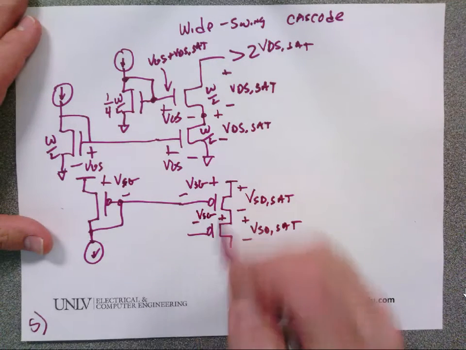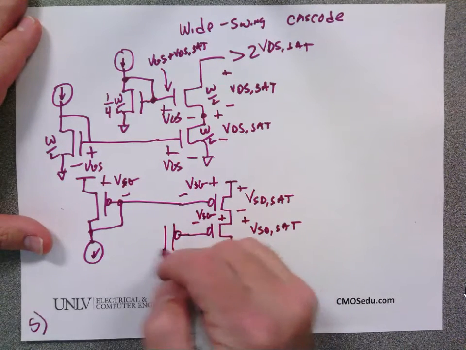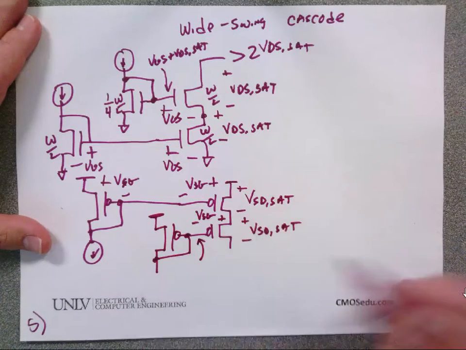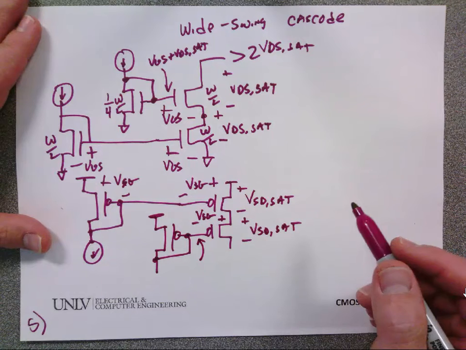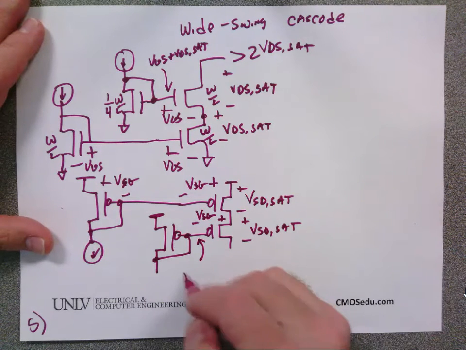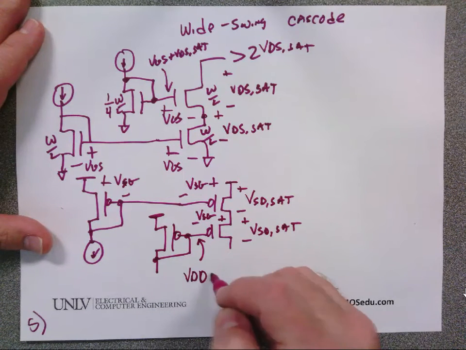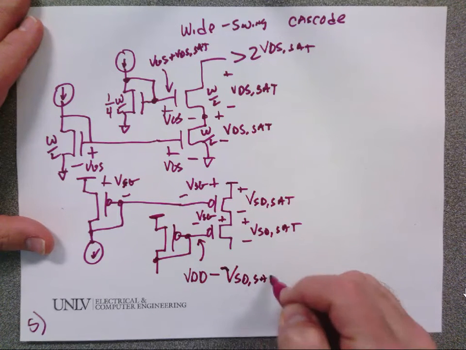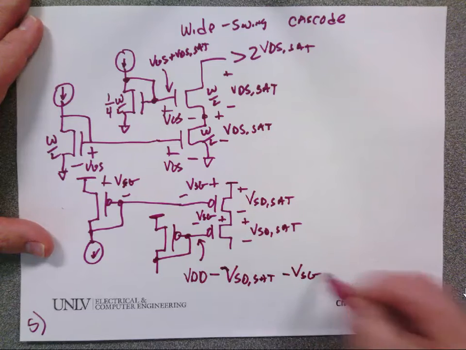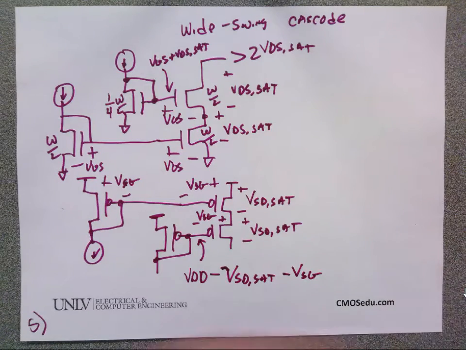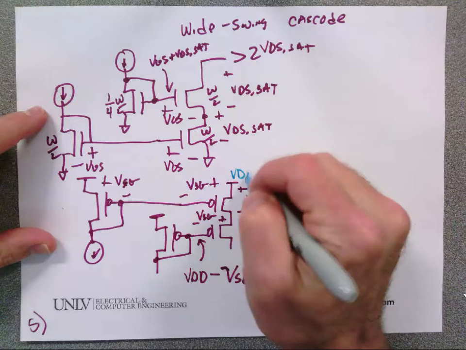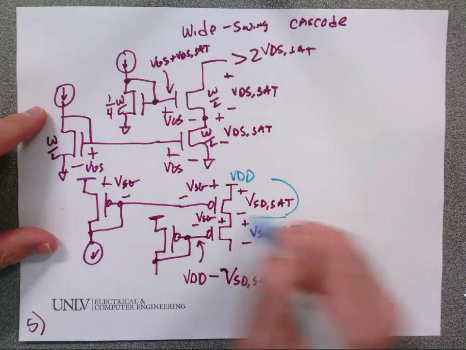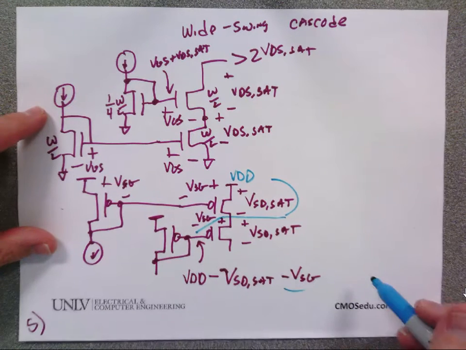So I got a device here. What is this voltage? Now be careful because it's a little bit different. Now look at it. Here's my VDD. I drop down, I go down the stairs of VSD sat, then I drop down a VSG. So this voltage is VDD minus VSG.